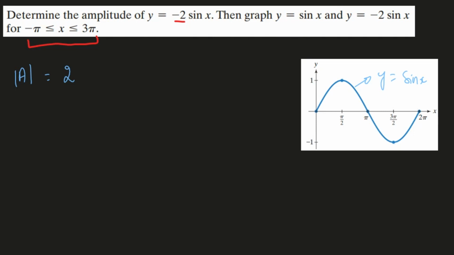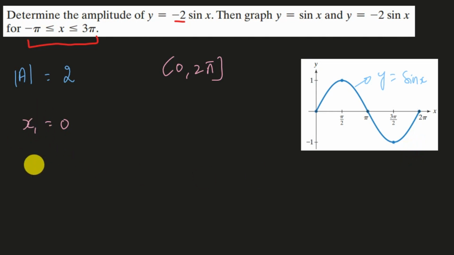We have to sketch the graph on this interval, but we'll take x1 to be 0, because we know that the graph shape on 0 to 2 pi will enable us to sketch the graph on the given interval. Simply we have to repeat the curve to the left side or to the right side.